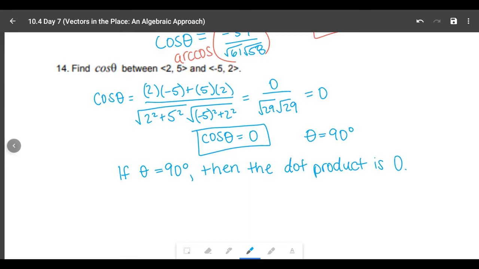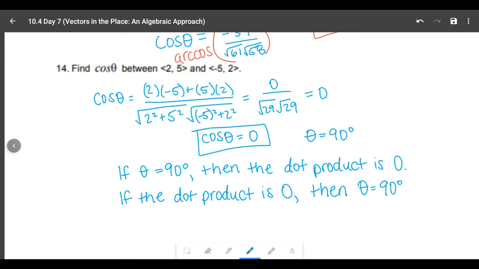To go along with that, we can also say that if the dot product is 0, then theta equals 90 degrees.